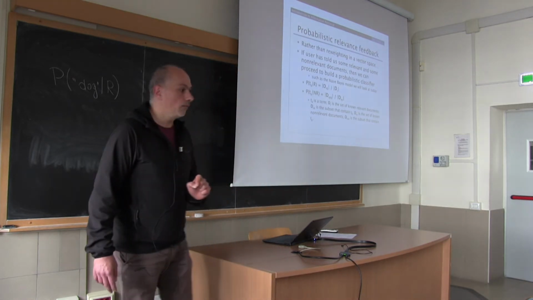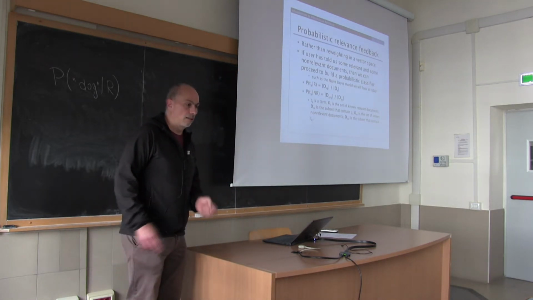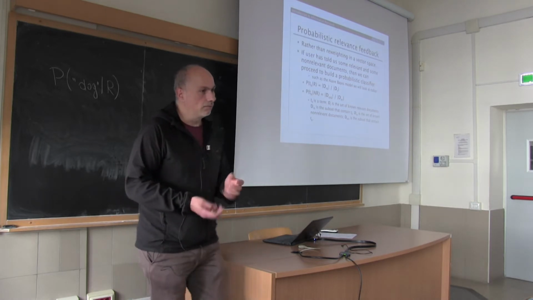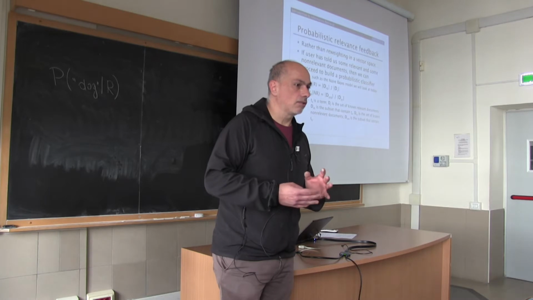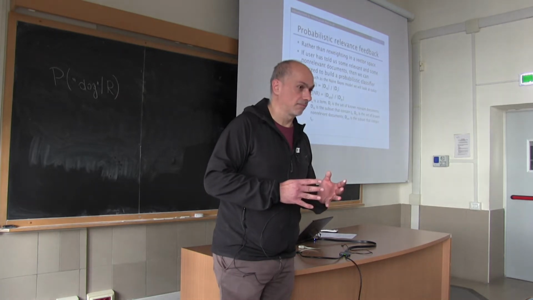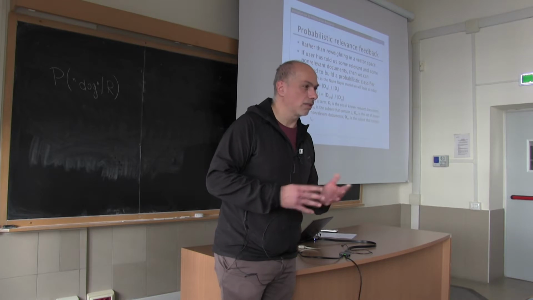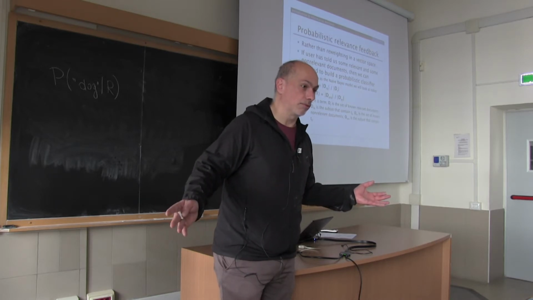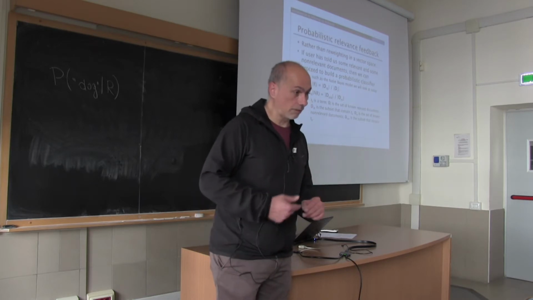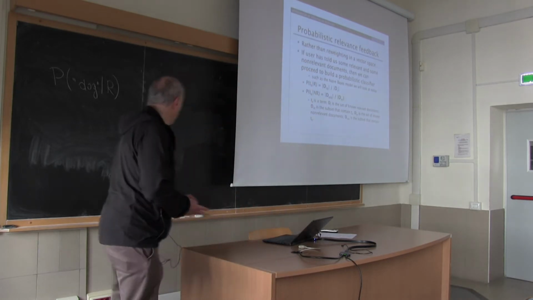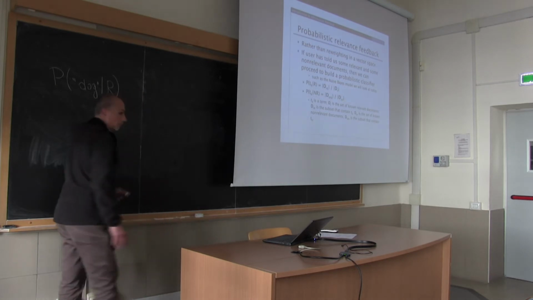Why is it a convenient question to ask? Because implicitly, you always ask questions about things that you hopefully can compute. It's pointless to ask a question about quantities that you are never going to be able to compute. And this is a quantity that you can estimate, right? For example, how could I estimate this probability?